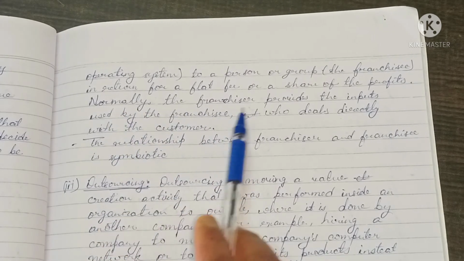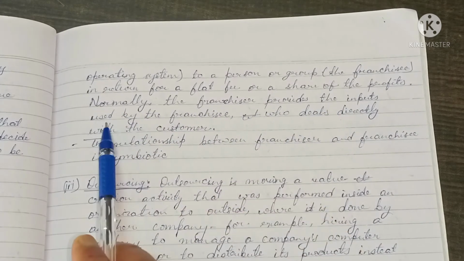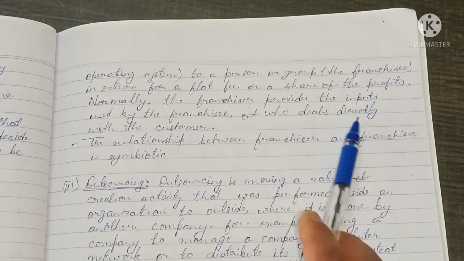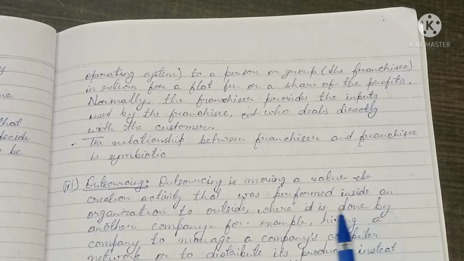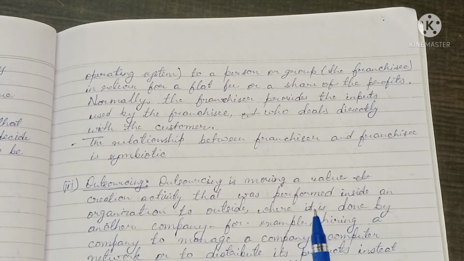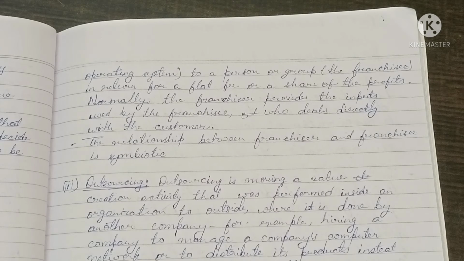So normally the franchisor provides the inputs used by the franchisee, who deals directly with the customer. It means if I start a restaurant, I will use resources provided by the franchisor, and the franchisee will be the person or company who deals directly with the customers.